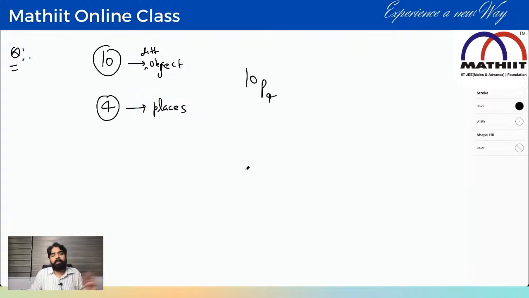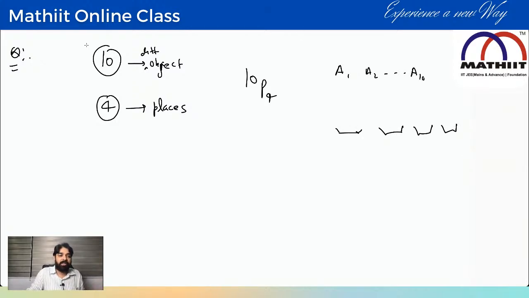Very simple, no doubt about it, no confusion. It is something like this: there are 10 people A1, A2, up to A10, and there are 4 chairs, chair 1, chair 2, chair 3, chair 4. In how many ways can we arrange? We can say there are 10P4 ways: A1, A2, A3, A4, or maybe A2, A3, A4, A5, and so on.